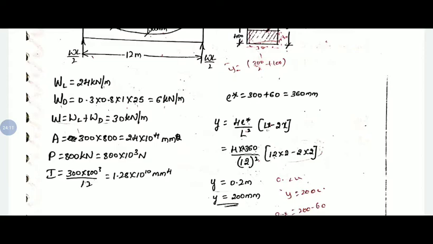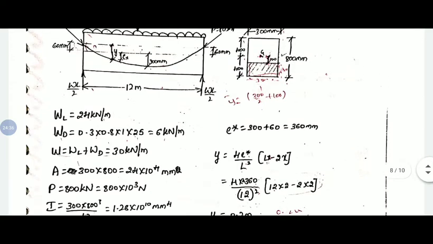So on considering the parabolic equation, 4 E star by L square into Lx minus x square, since we are calculating the depth of the cable at 2 meter, substitute x equal to 2. On substituting we will get y equal to 0.2 meter, that is 200 mm. So here we are having eccentricity at top as well as at bottom.